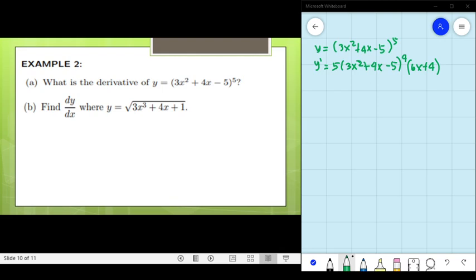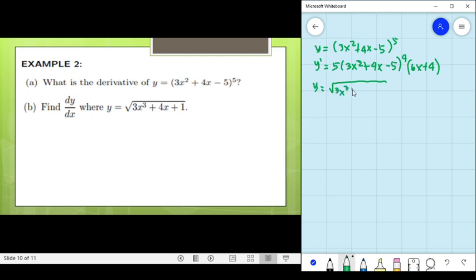Okay. Letter B is find the derivative of y with respect to x when the given y is equal to the square root of 3x cubed plus 4x plus 1. So this is in radical form, so it is best when we are going to express the given in exponential form.